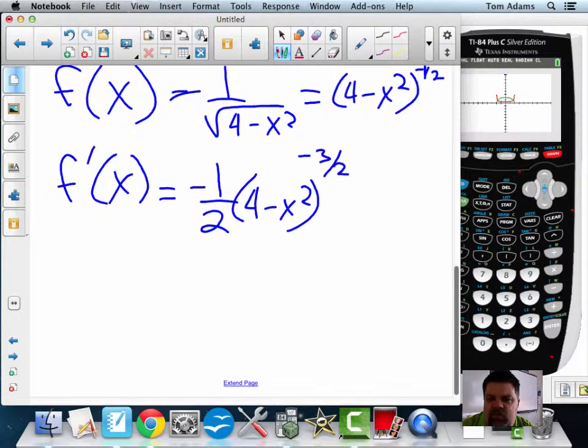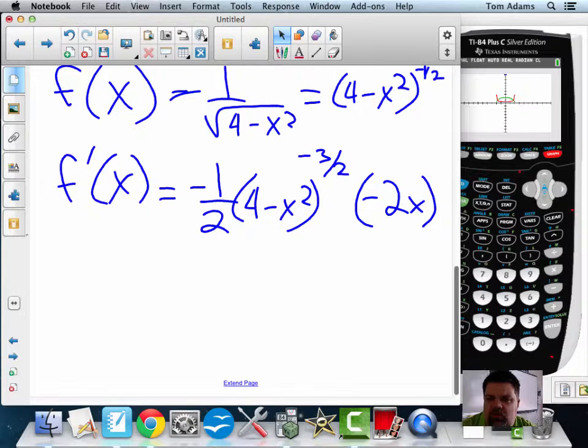I'm going to take negative 1/2 and subtract 1 from it, which becomes negative 3/2. And then I'm going to tack on the derivative of the stuff on the inside. So negative x squared has a derivative of negative 2x, and the derivative of 4 is just 0, so I don't need to write that down. This is basically the power rule with the chain rule tacked onto it.